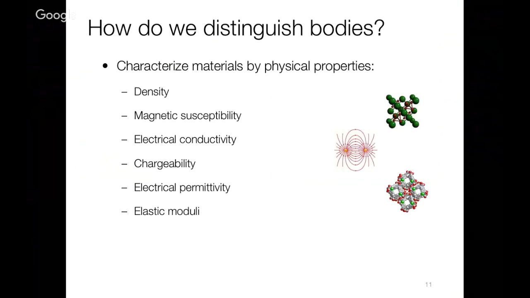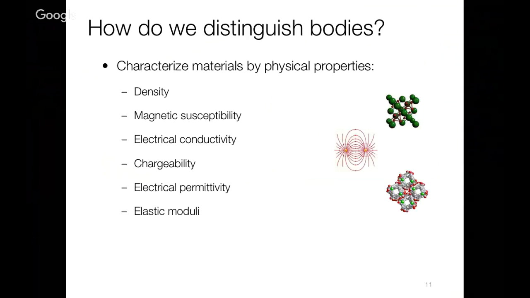If we think about physical properties from a geophysical perspective, these are the things that we're talking about. I'm not sure how many of these would be in your lexicon, but there's density, which is kind of related to how heavy something is. We're going to talk about each of these in detail. Magnetic susceptibility is the ease with which something can become magnetized under the application of an external field.